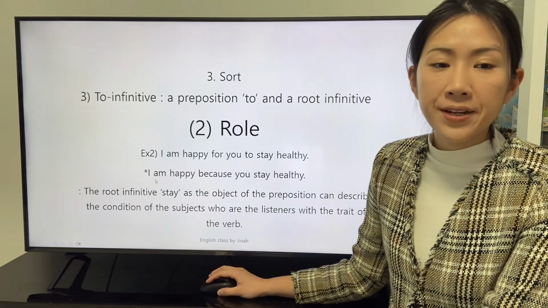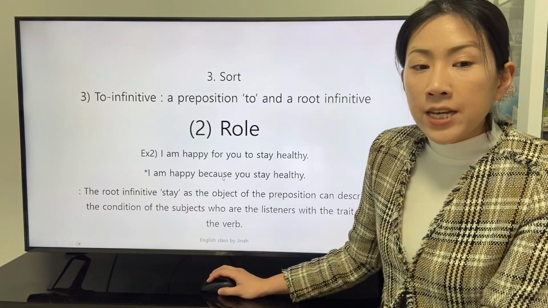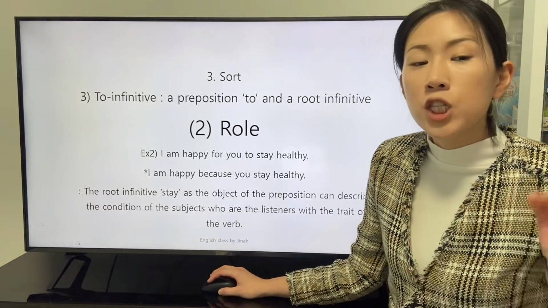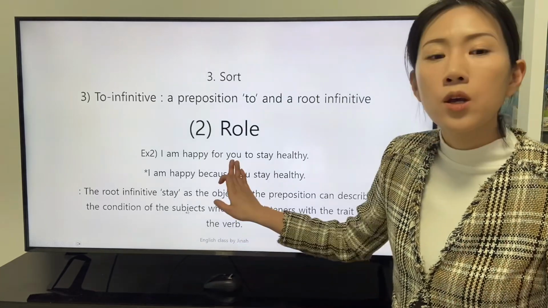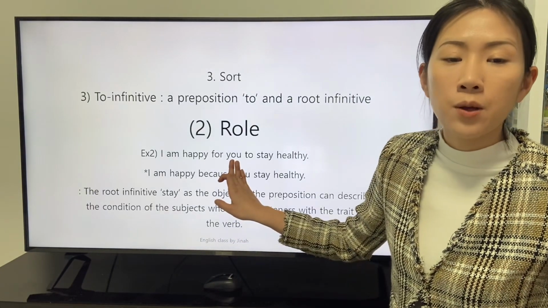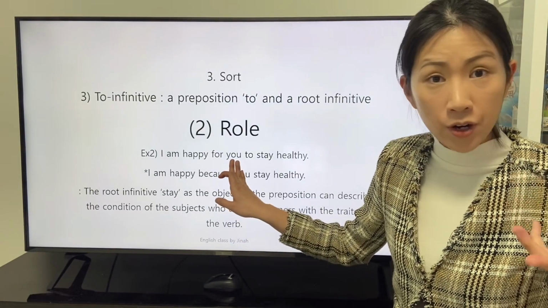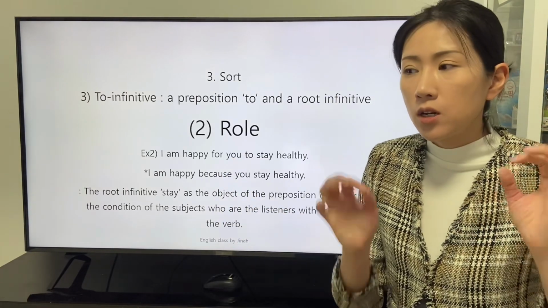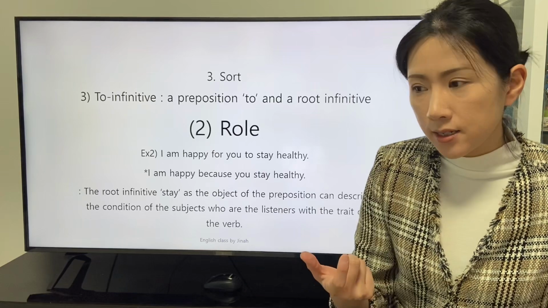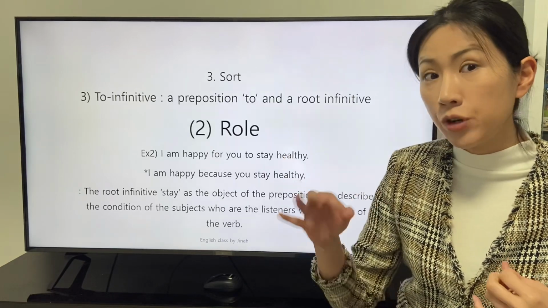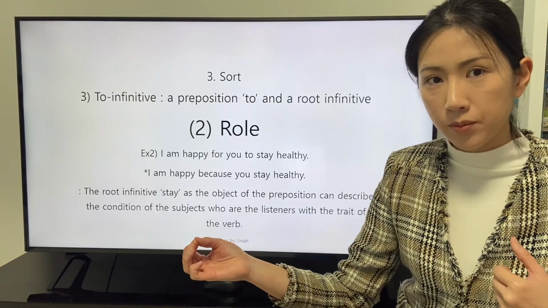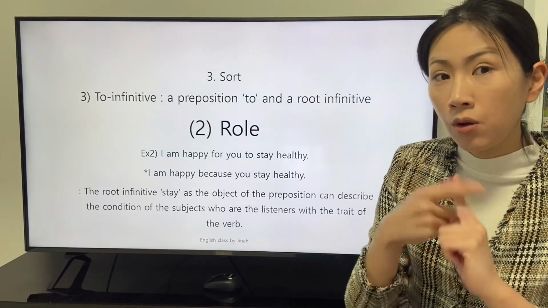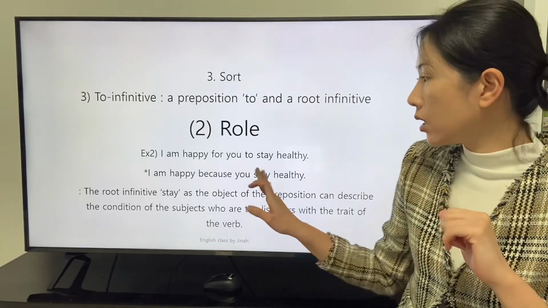The root infinitive stay as the object of the preposition can describe the condition of the subject, who are the listeners, with the trait of the verb, with the consideration of the trait of a root infinitive as an indication or a description.